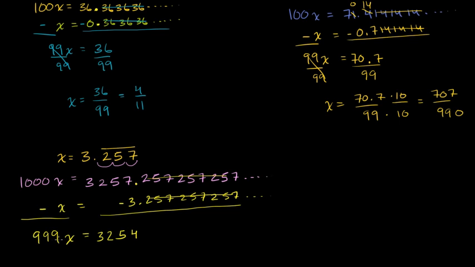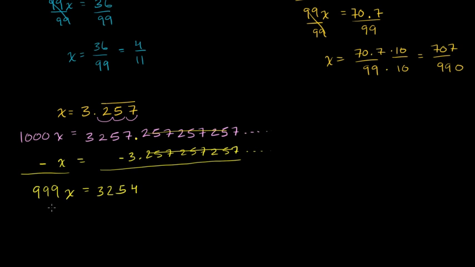So you get 999x is equal to 3,254. And then you can divide both sides of this by 999. And you are left with x is equal to 3,254 over 999. And so obviously this is an improper fraction. The numerator is larger than the denominator.